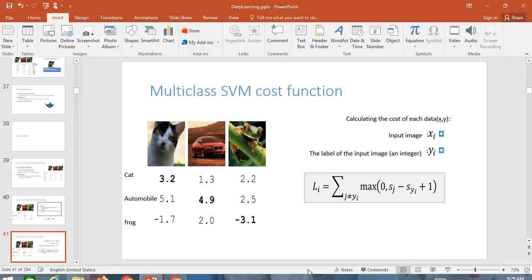Here yi is our class. It is either 0, 1, or 2, since we have just three classes and indexing starts with 0 in Python.